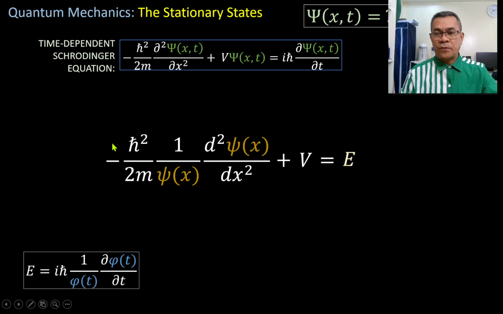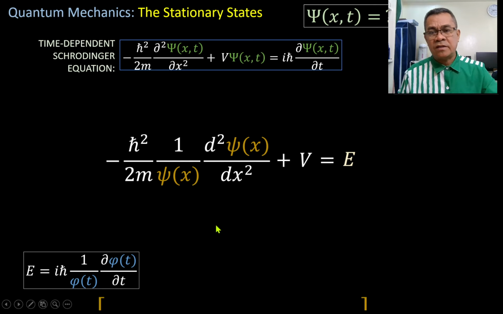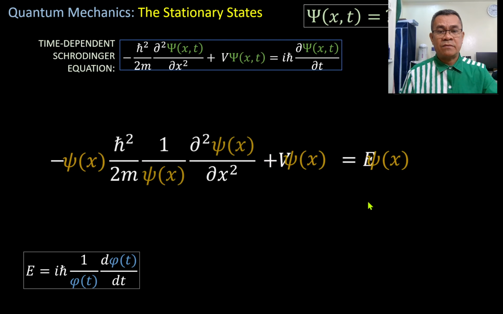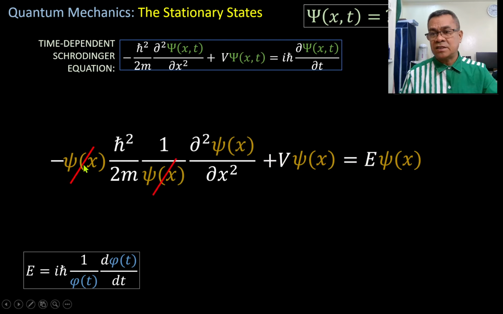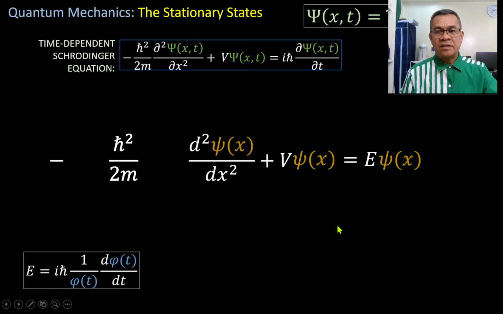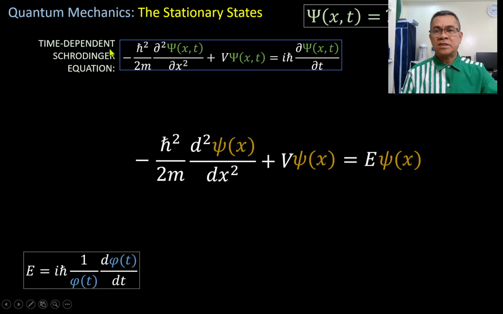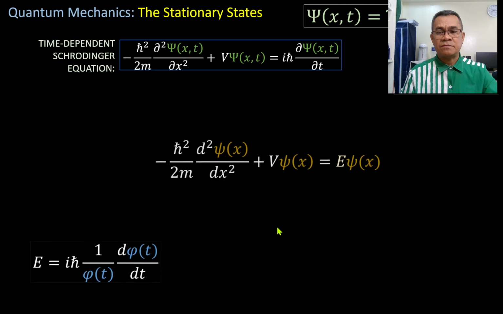Okay? So if we multiply both sides by phi to simplify it further, then of course we have to multiply its term by psi(x), and this is it. We have this one. So meaning we can cancel this psi(x). So therefore, this equation will reduce to this result. Now, these two equations are equivalent to the time-dependent Schrodinger equation.